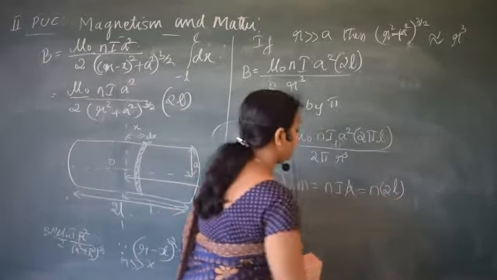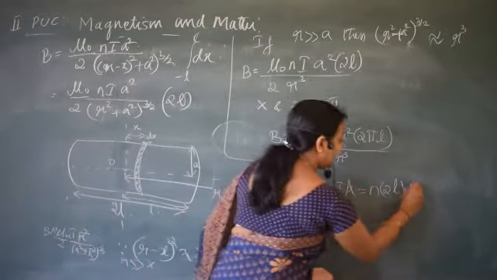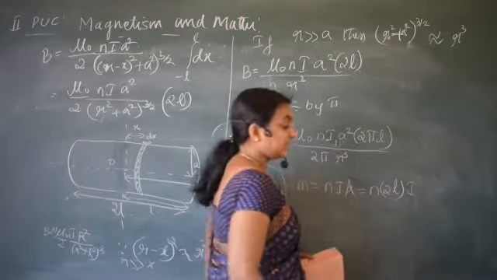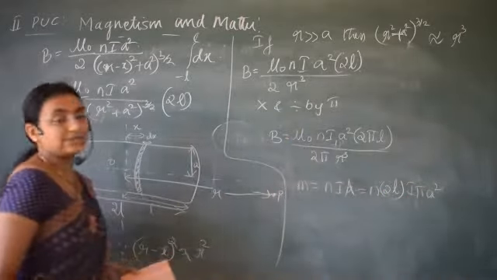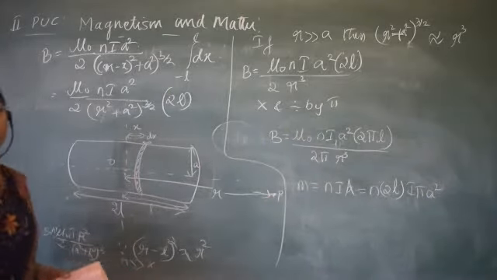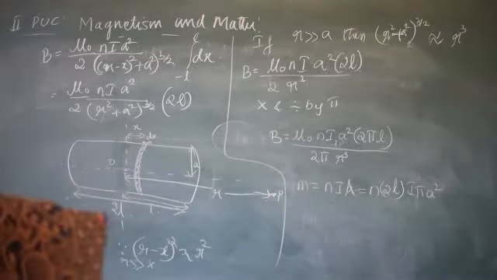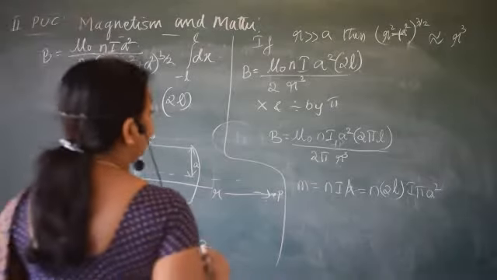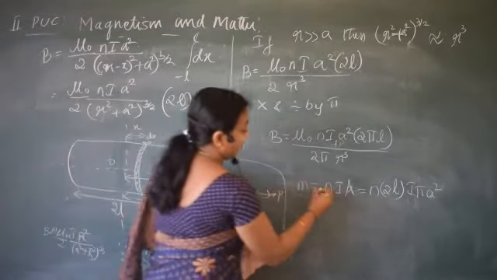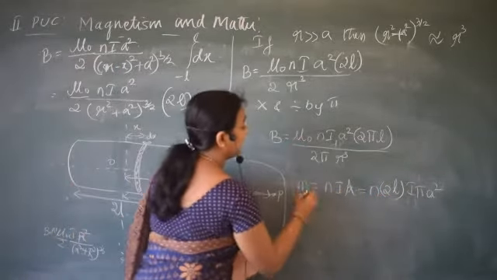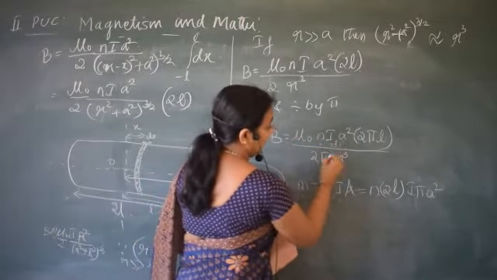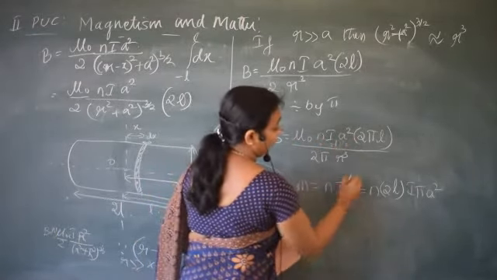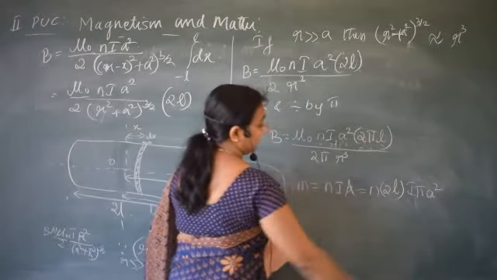Correct? N into 2l. Current is I. Area is nothing but pi a square. So this is the expression for the magnetic moment. You can see, no? Magnetic moment. So therefore we can write, where we have these expressions, I can write m. See here, n I a square 2 pi l.